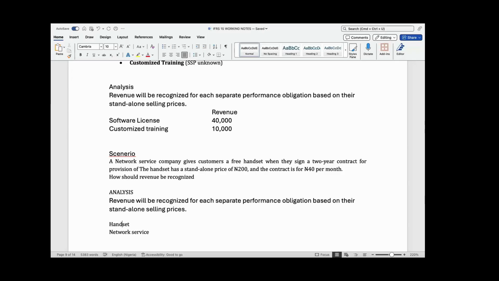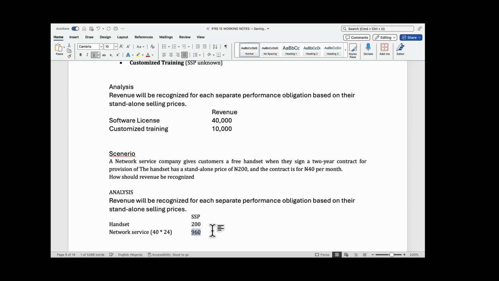For the assets, the standalone selling price, let me see, SSP, standalone selling price, is 200. For the network is 40 naira per month, 24 months. Who can quickly work that out for me? What's 40 times 24? 960. That's 960.